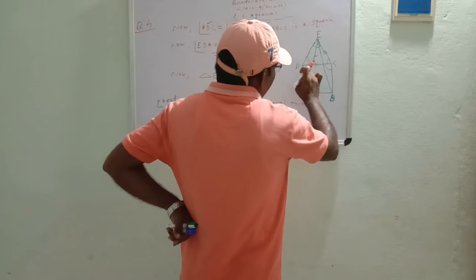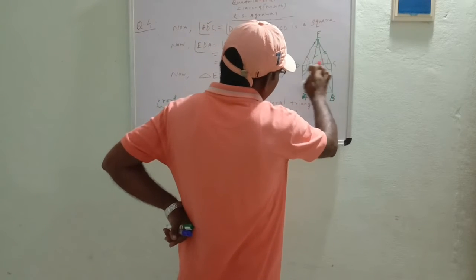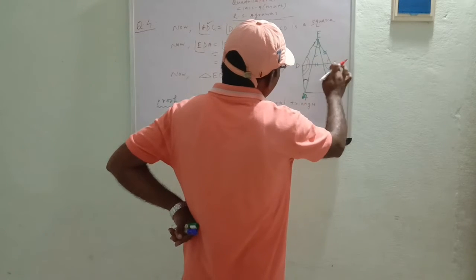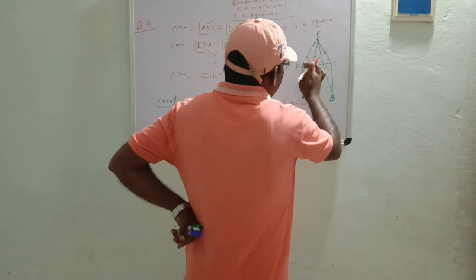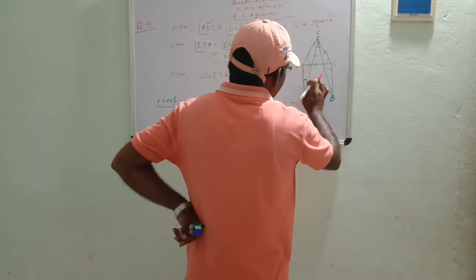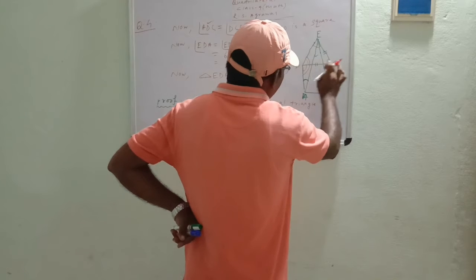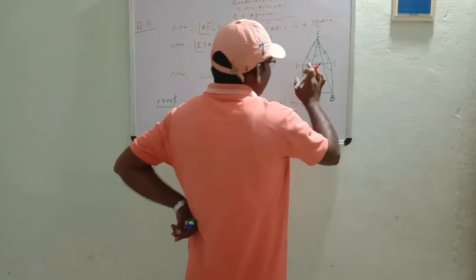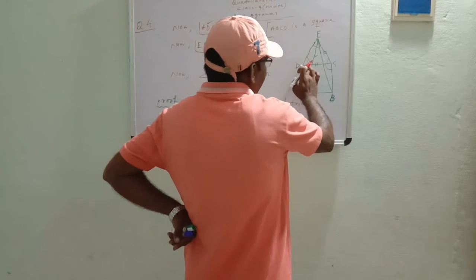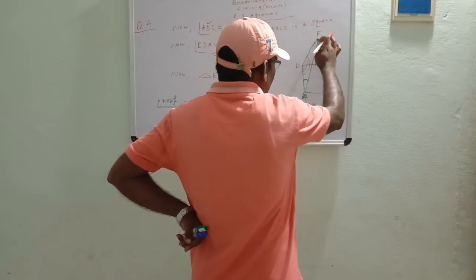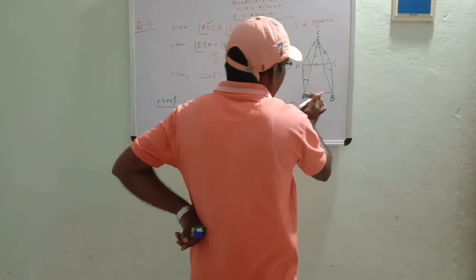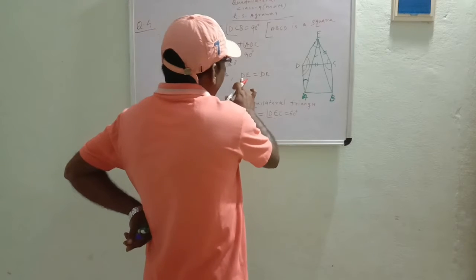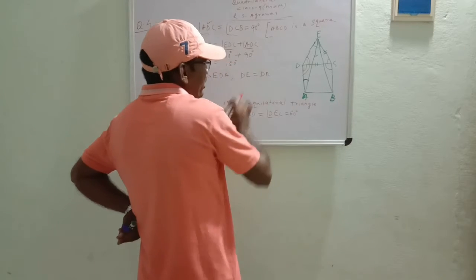As you see here, DC, which is one of the sides of the equilateral triangle, is also the side of the square ABCD. Therefore we can say that DC equals DE equals EC equals DA equals AB equals BC. Therefore I have written here DE is equal to DA.